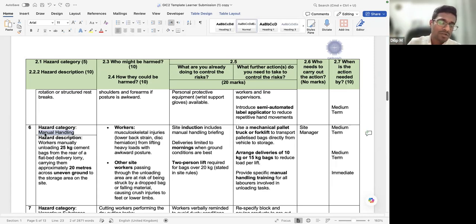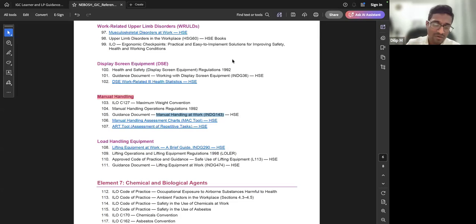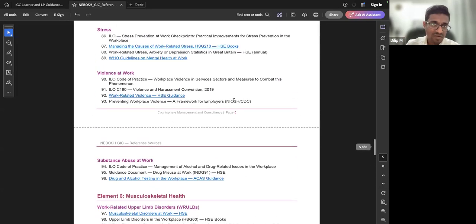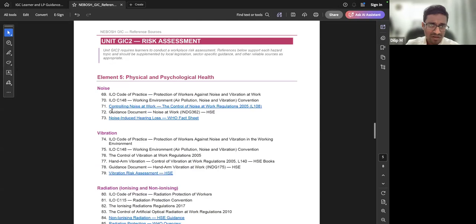So similarly, if you're going to write about noise, read the information from the study book on chapter 5.1 noise and look for any information related to noise, such as, for example, guidance documents, or maybe from other regulatory bodies like OSHA or Dubai Municipality.